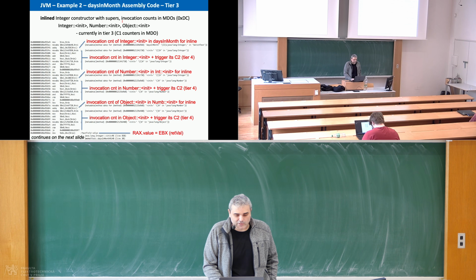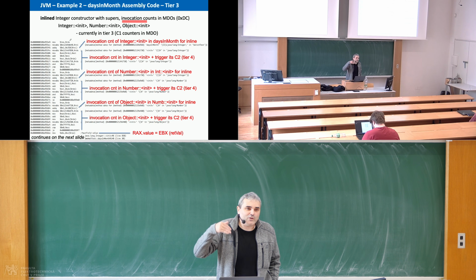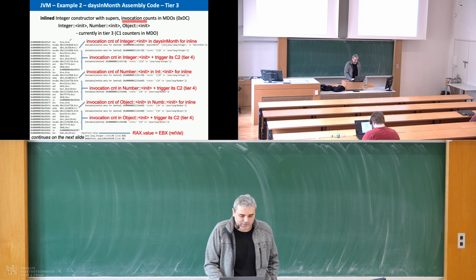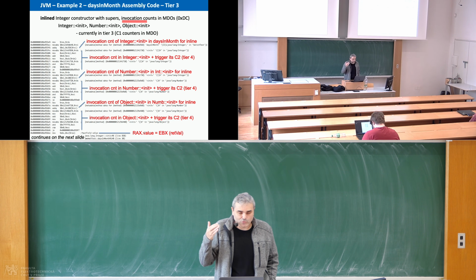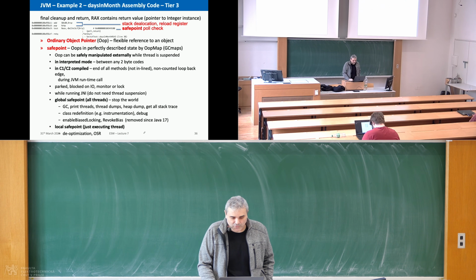And because there are invocation counts as well, the code is not that simple. So you can see that the calling of all constructors which are inlined here is that long thing. And here is finally the assignment of the integer value into the object-based integer. And finally, the method ends with this simple code.